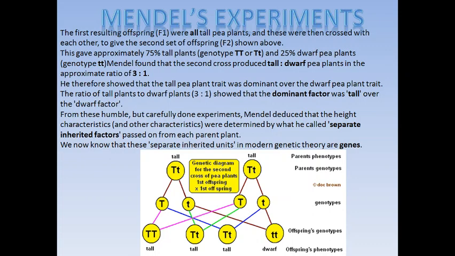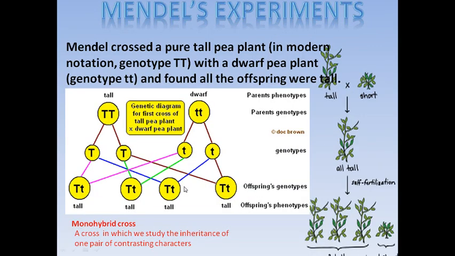That means Mendel deduced that the height character was determined by what he called separate inherited factors. In the F1 generation all the offspring were tall because tallness was dominant over dwarfness. See here, there is a gene for dwarfness, but it could not express itself.